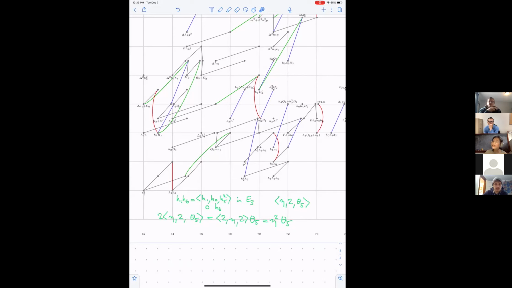But there was also Adams's theorem you mentioned, that the massive product h1, h2, h1 is equal to h2 squared. So I was wondering if there's a contradiction there, or am I just mixing up the products on different pages?